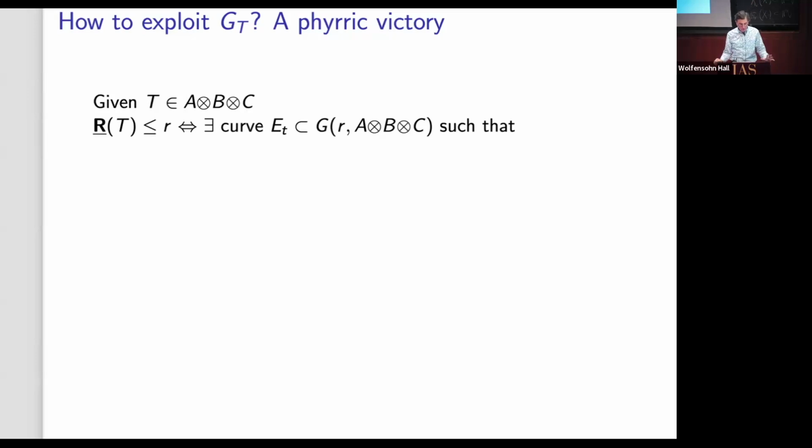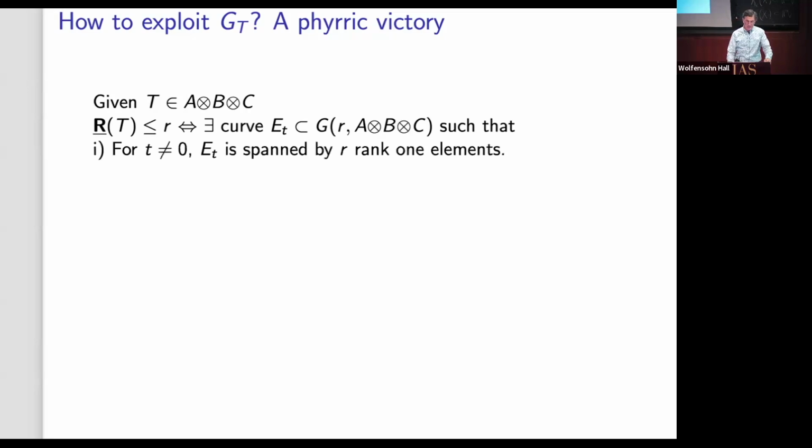We want to use a little bit more geometry and representation theory. If we have a tensor of border rank at most R, that means we have a curve in the Grassmannian of R-planes such that when t is not equal to 0, our R-plane is spanned by R rank 1 tensors.